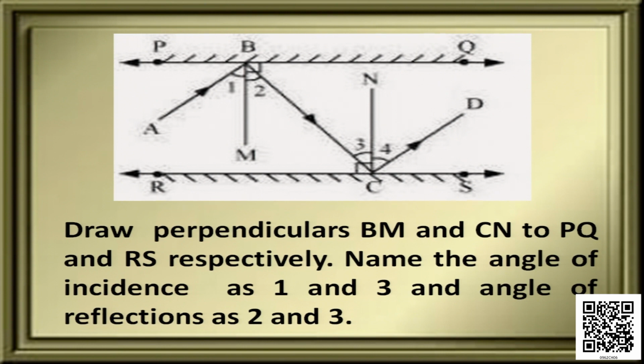Similarly, BCN is the angle of incidence and NCD is the angle of reflection. So angle 3, angle 4 are also equal.